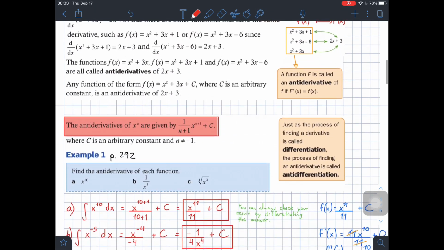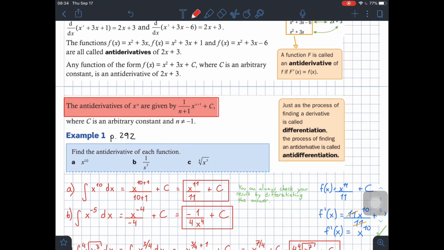We have seen the general rule to find the antiderivative, just as we have the general rule for finding the derivative of a function. We now have this rule for finding the antiderivative of this type of function, right?